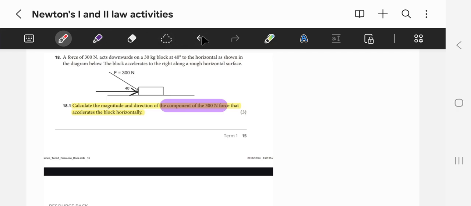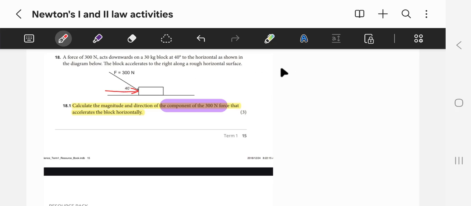Okay, let's just go back and draw our component force. So this red line here is our component force. Okay, and we can see that it is actually a pushing force. It's pushing this block to the right.